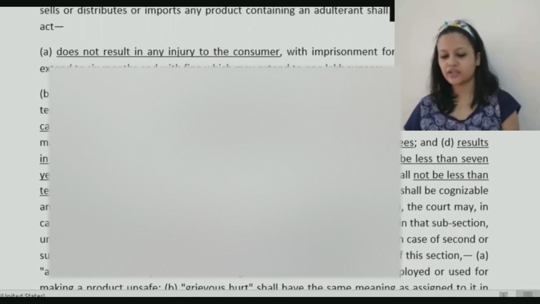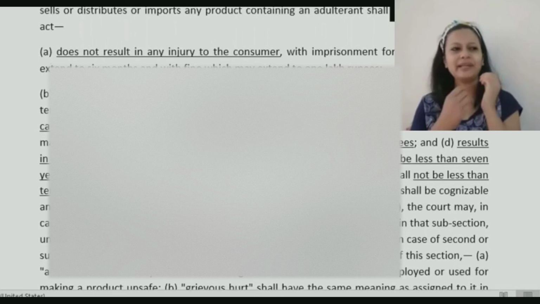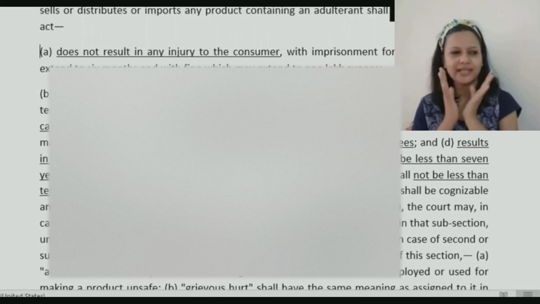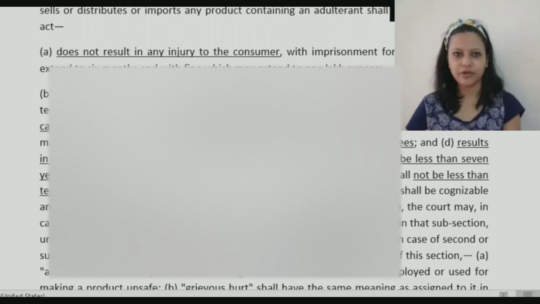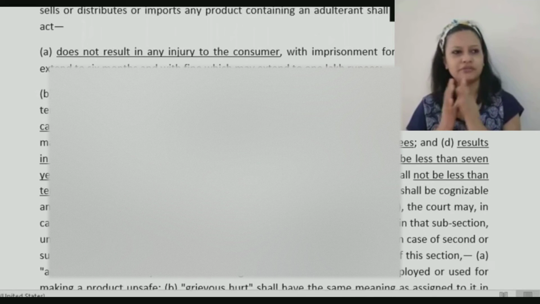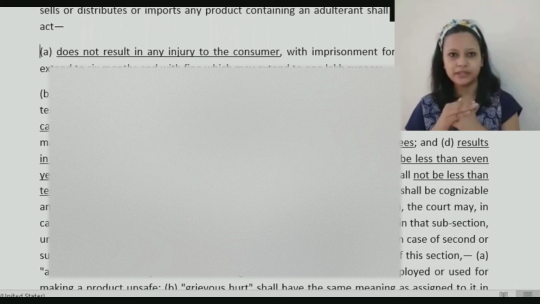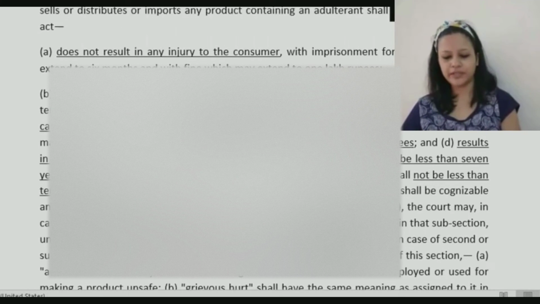Secondly, causing injury not amounting to grievous hurt to the consumer. Might be there were some rashes, some skin allergy or something happened because of an adulterated product. Or because of eating some adulterated food, maybe the person was not very fine. Okay, he was a little sick. He had some food poisoning for 2 days. In such cases, what will be the punishment?